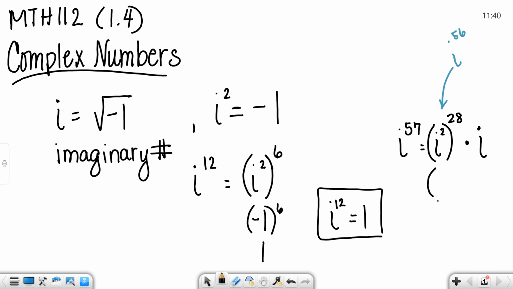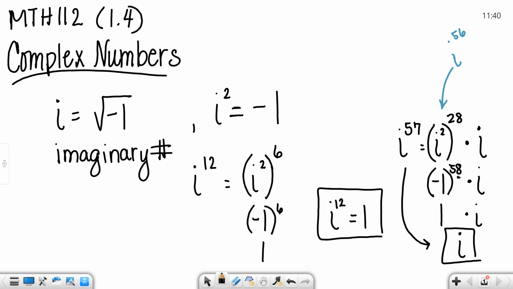The reason I do that is i squared is -1. All right. -1 raised to the 28th. Now the easiest way to think about that is, since this is an even number, then it makes that negative a positive. So +1 times i gives me i.